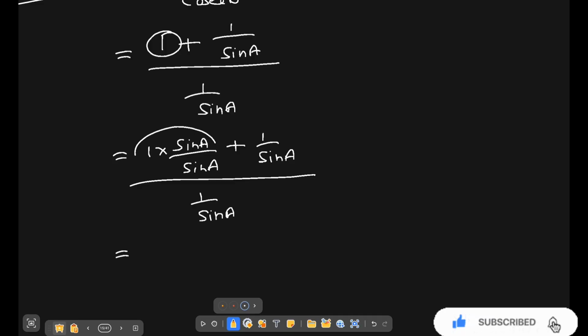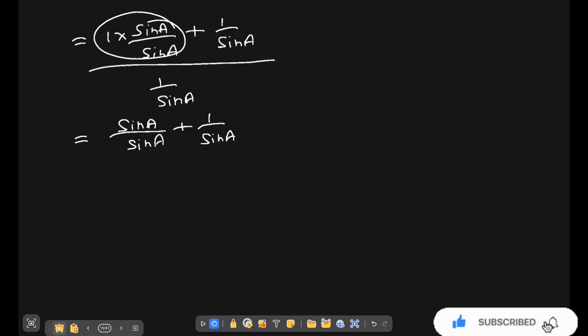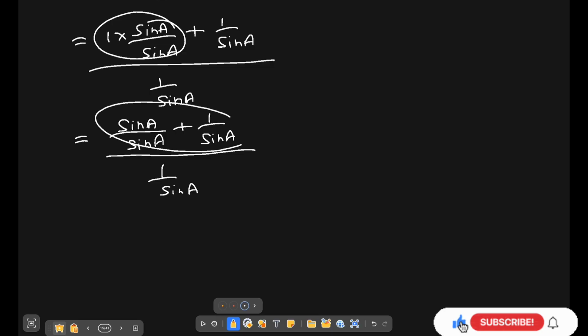Now this will be equal to (sin A / sin A + 1 / sin A) whole by 1 / sin A. Now here denominators are equal, so we can add the numerators directly.